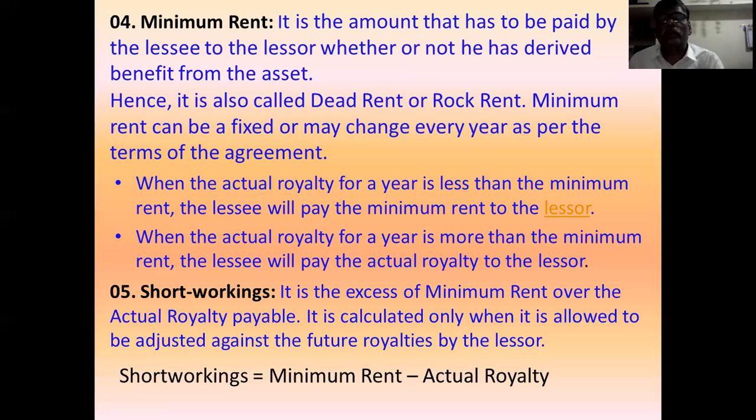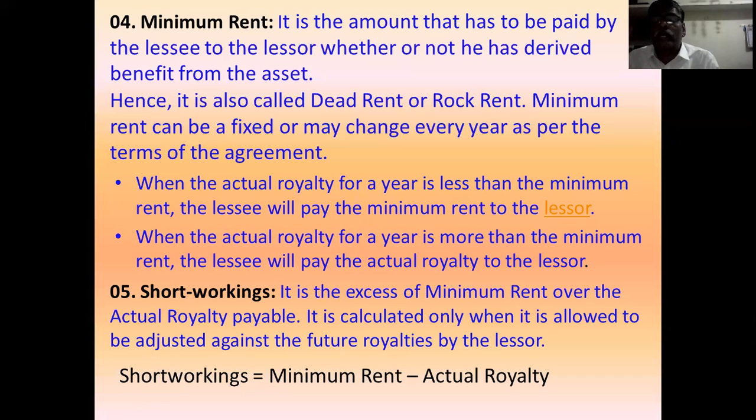So the benefit derived is 10,000, but the minimum amount payable is 15,000. So he is paying 5,000 extra out of pocket. That extra out-of-pocket payment is called short working. Whatever extra amount he pays out of his pocket, paid without any benefit, is called short working.